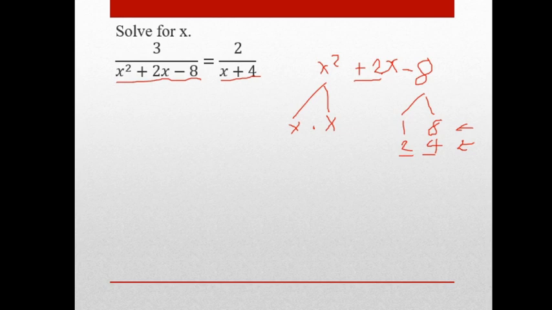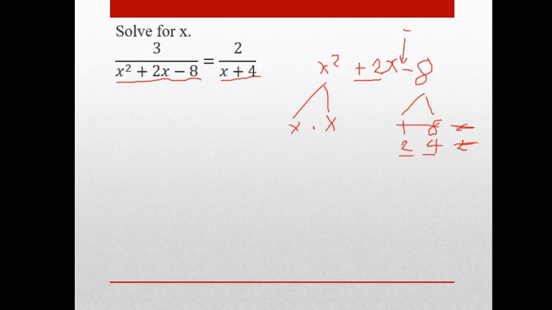Tsaka may clue ka na. Ibig sabihin, magkaiba yung sign nung huli mong number. Kasi hindi mo makukuha si negative 8 kung pareho ng sign yung mga factors na to. Kasi positive times positive or negative times negative is positive. Pero ang sabi dito, negative. So, ibig sabihin, magkaiba yung sign.